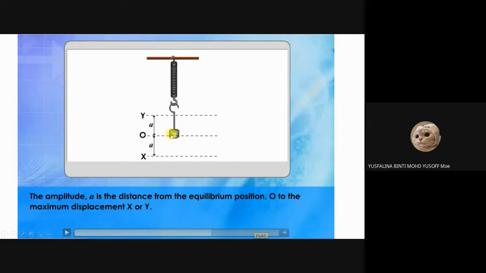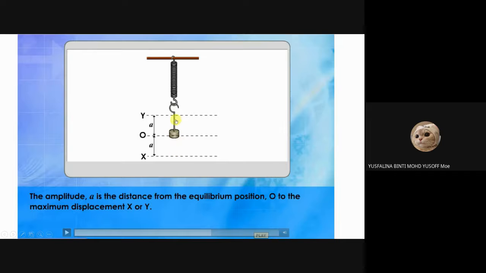Here, just now, this is the equilibrium position. It drags the slotted weight until point X. So from O to X is called the amplitude, the maximum displacement. How far is the slotted weight being dragged down? The maximum distance, OX, we call the amplitude.